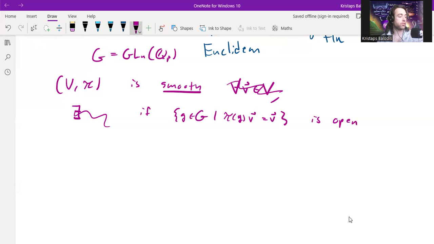How is that related to locally constant? You can sort of see, if you take the pre-image of any vector, its pre-image is an open set.